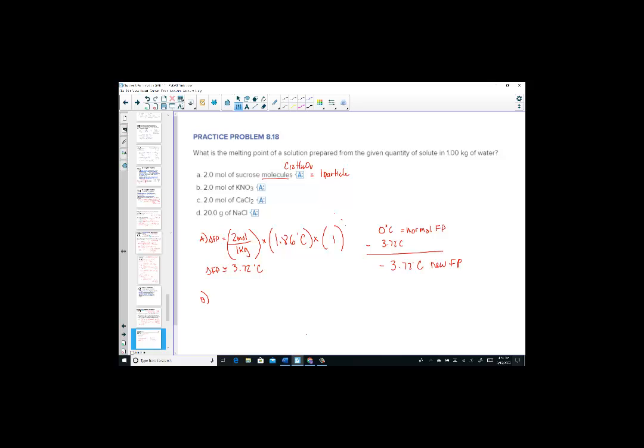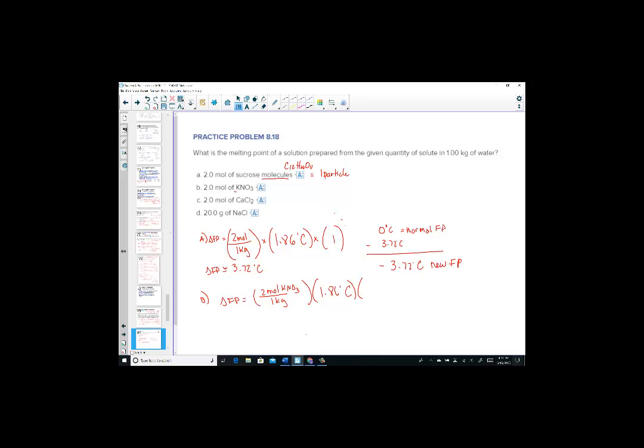In letter B, our change in freezing point will be found by taking the concentration unit, 2 moles of potassium nitrate, in a kilogram of water. We know that every 1 mole would lower it by 1.86 degrees Celsius.